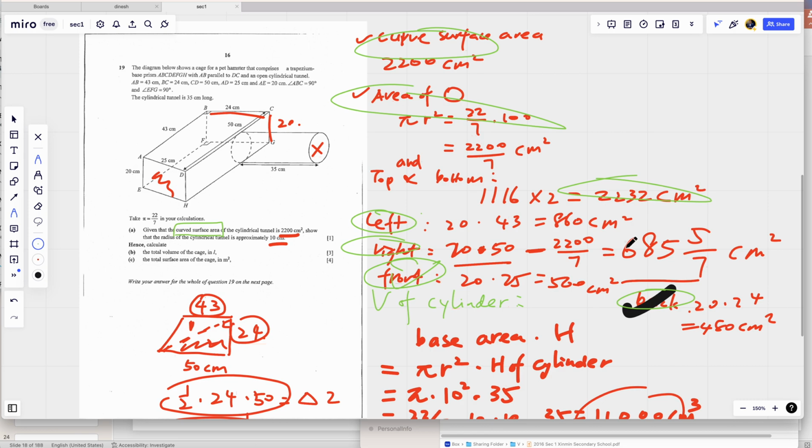I see the 1000. Actually, 1000 is not needed. And the top and the bottom is wrong. That's why this one is wrong. I see the front. 600 plus the 537.5.